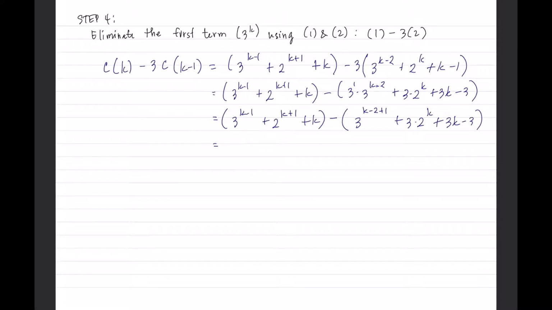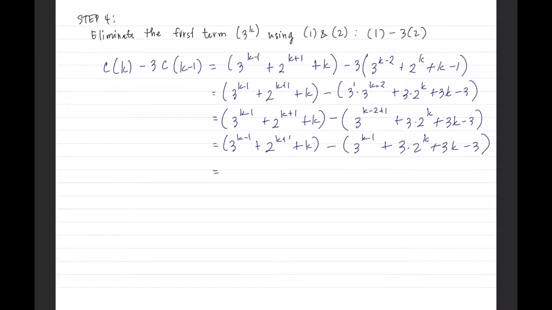So solving this equation further, that would give us 3 raised to k minus 1 plus 2 raised to k plus 1 plus k minus 3k minus 1 plus 3 times 2 raised to k plus 3k minus 3.